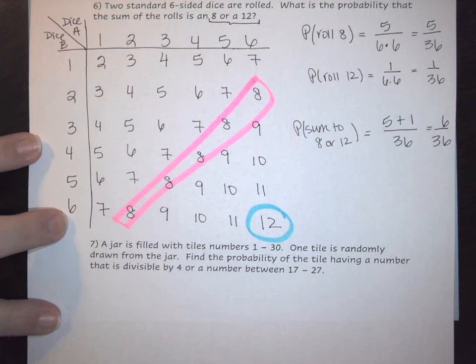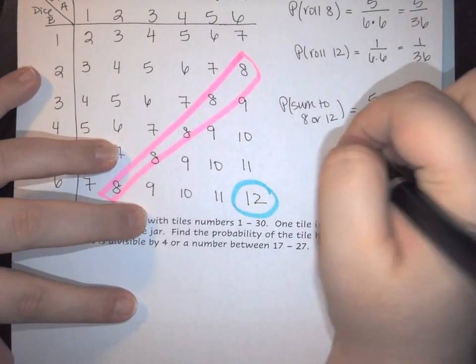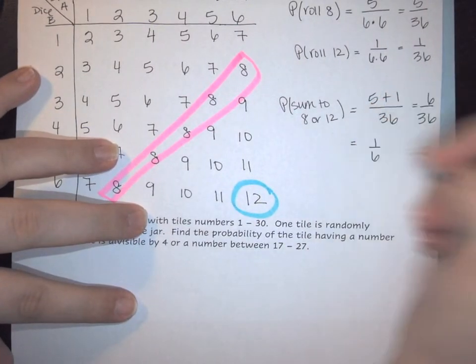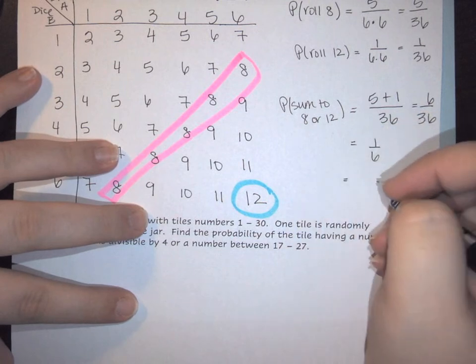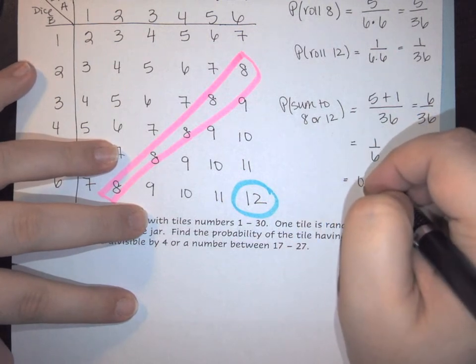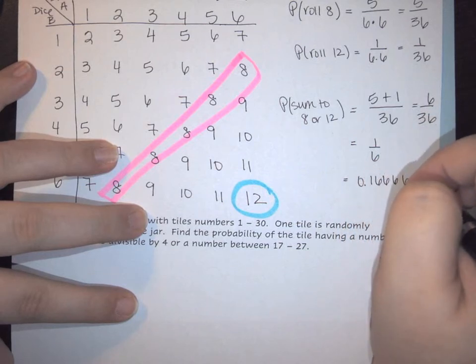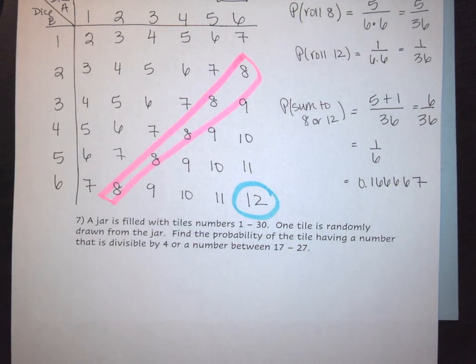And in this instance, we could go ahead and reduce. So this is going to end up being 1 over 6 if you so choose, and its actual probability is 0.1666667, again because we would round up. Okay.